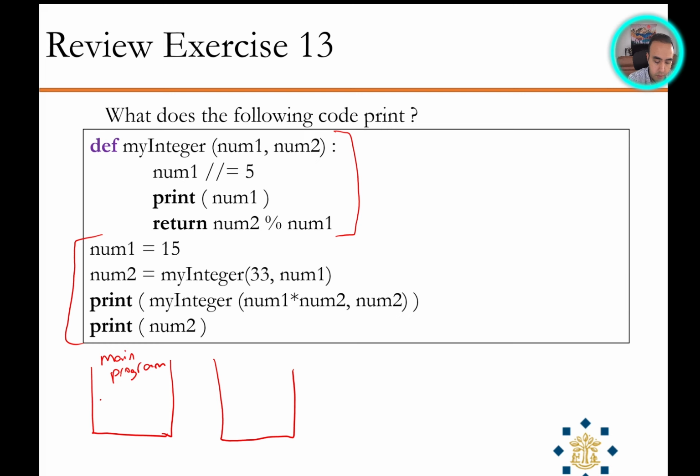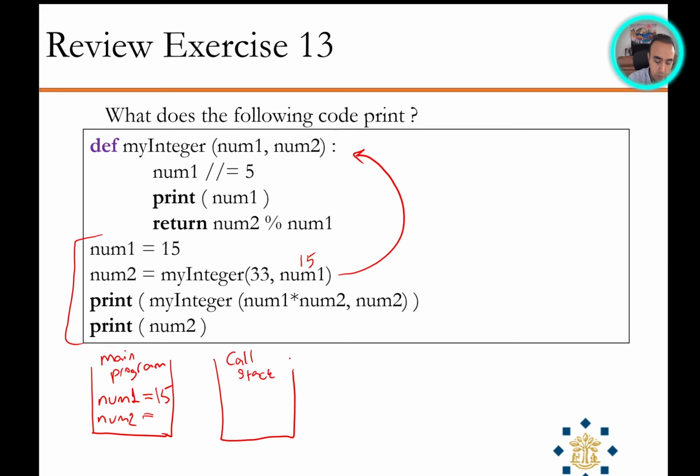And we have num1 and num2 here. Okay. Num1 is 15. Num2, we don't know. We will wait until we return something. So now we only invoke 33 and 15. So here we have our call stack.